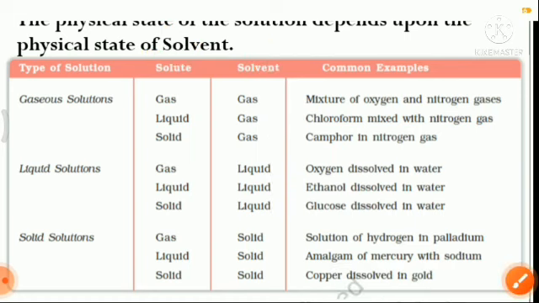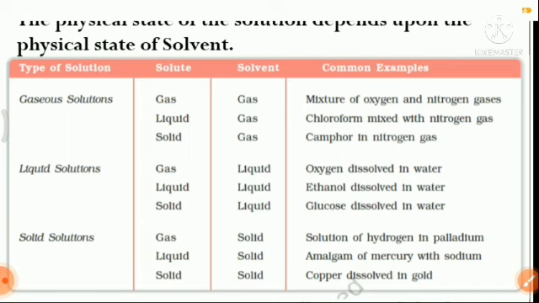So you cannot simply say that a solution will always be liquid. Here I am also giving you examples of different types of solution. The first type we are considering is gaseous solution, and in all three types of gaseous solution, the solvent will be gas.